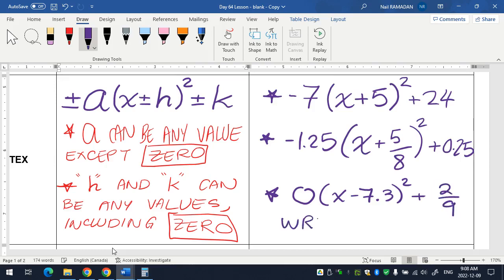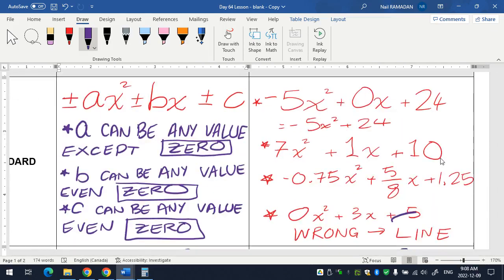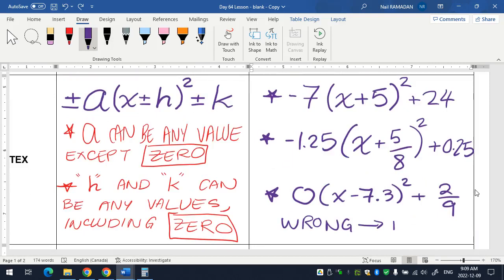Wrong, because that's going to be another line. Every time you make the A 0, it's a line right there. Done. Don't think about it. Nice.